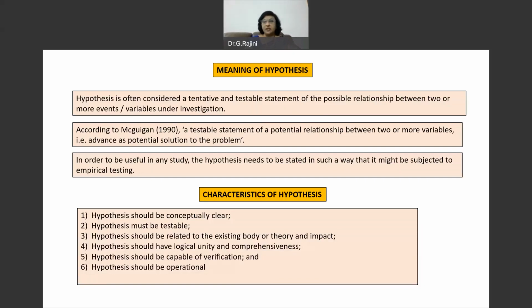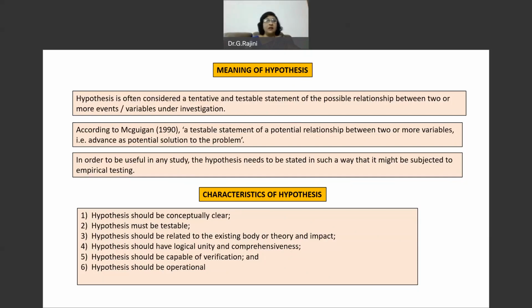See, a hypothesis is nothing but a tentative and testable statement of a possible relationship between two or more variables or events which is under investigation. Now in management, when we have definitions, it always starts like this: whether it is a statement, or a process, or an activity, or a practice.